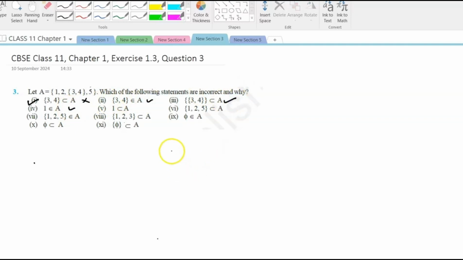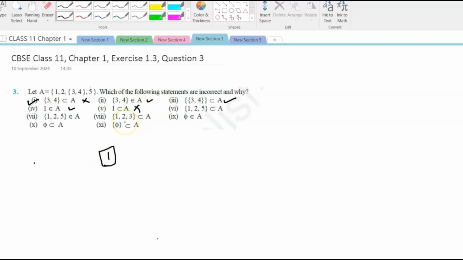Next, 1 is a subset of A. 1 is not a set. It is an element. So, something can be a subset of a set if and only if it is a set. So, this is not even a set.